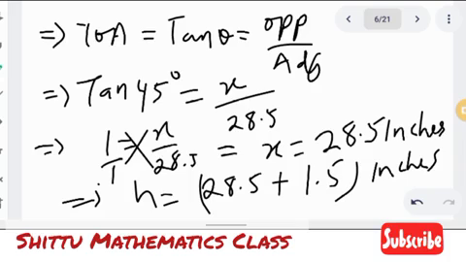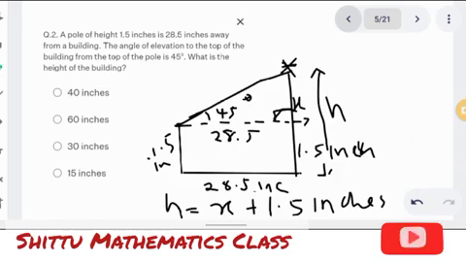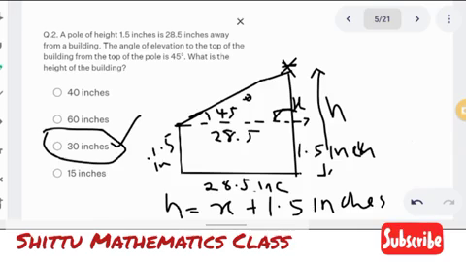When you add all this together, we are going to have 30 inches. Are you getting it now? When you look at our options, you can see that this is going to be our final answer. The height of this building is 30 inches.